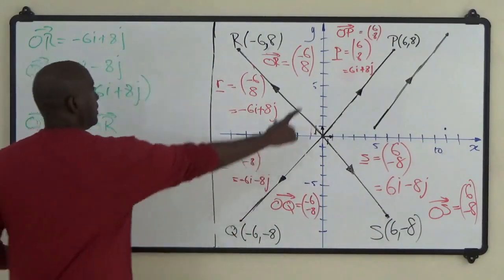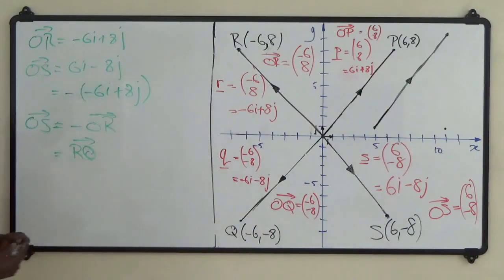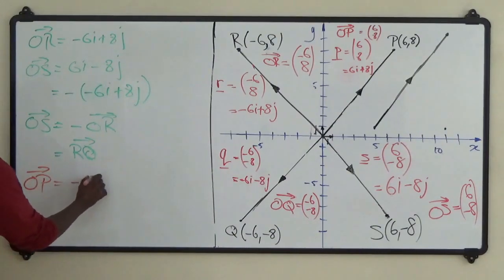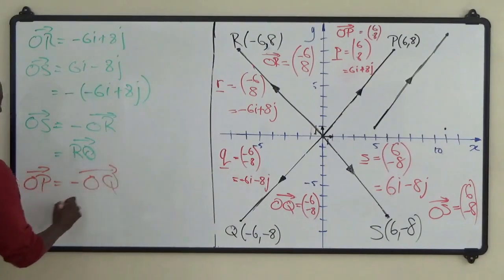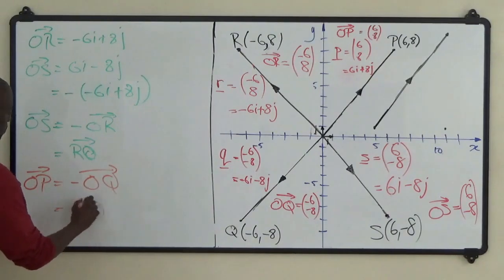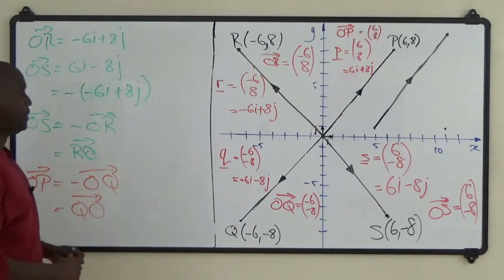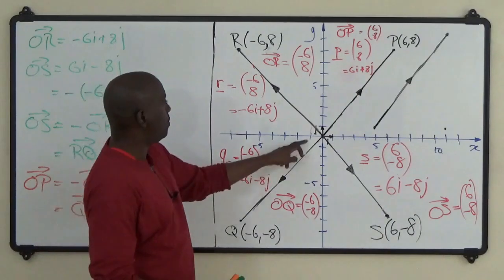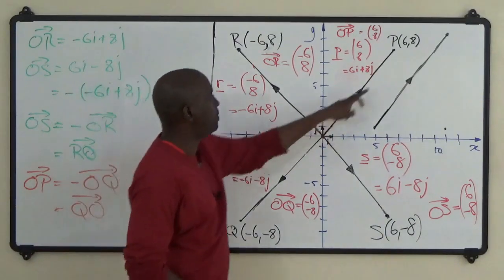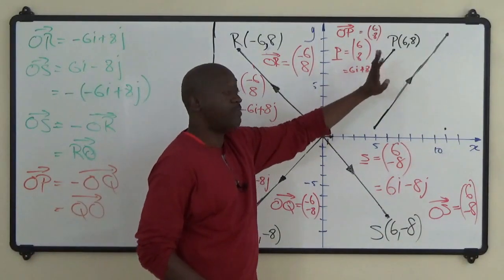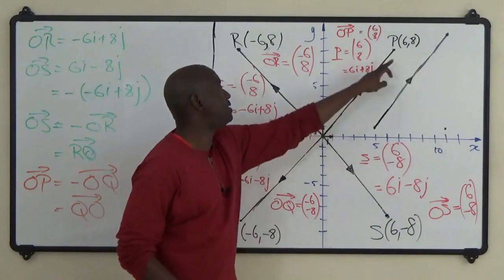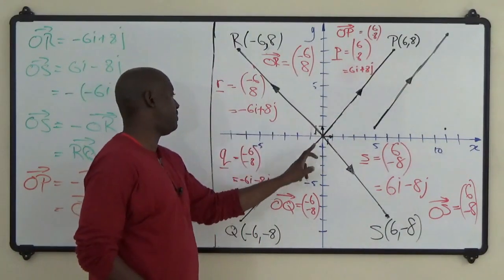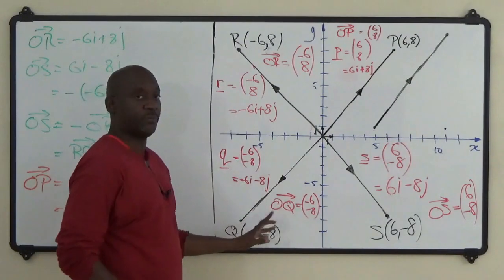And it's the same thing with OP and OQ. Your OP is negative OQ, which is the same thing as QO. So Q to O is in the same direction as O to P, remembering, of course, that O to P is opposite to the direction from O to Q.